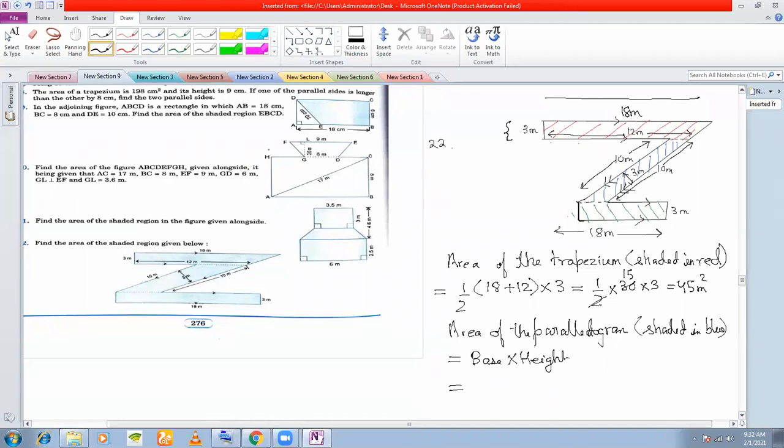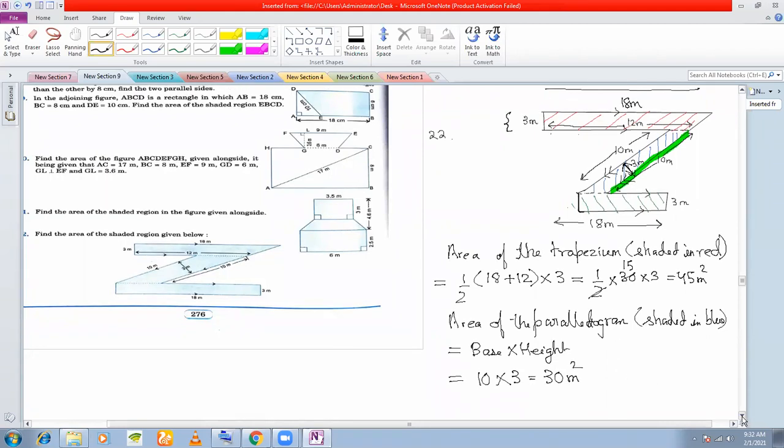Which one should be the height? This length here is your base, right? So base is 10. So let's write 10. And which one should be the height? This 3 meter that is given here. This must be the height. So 10 into 3, which is 30 meters square.